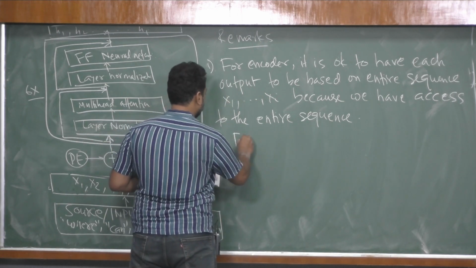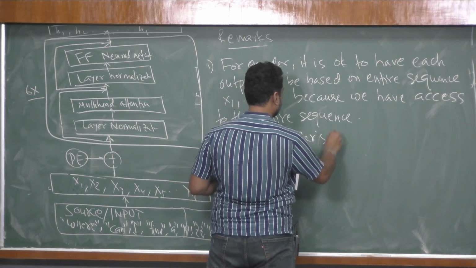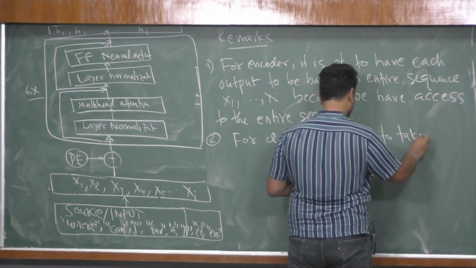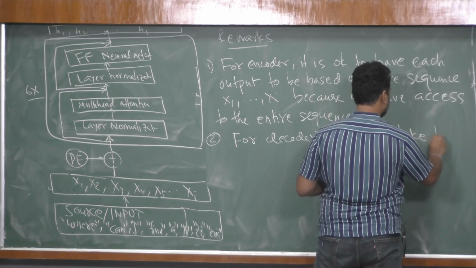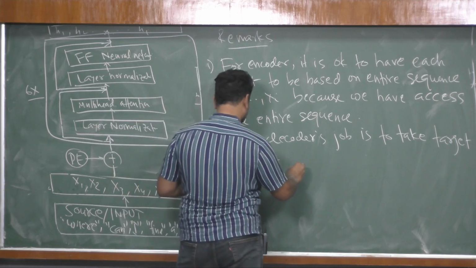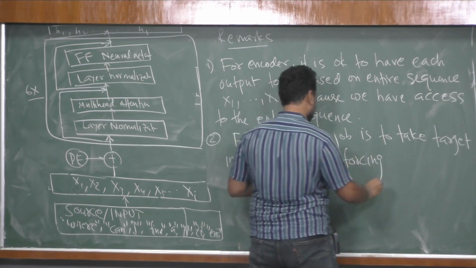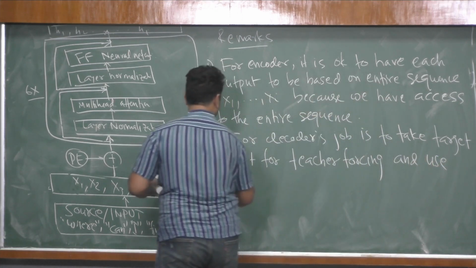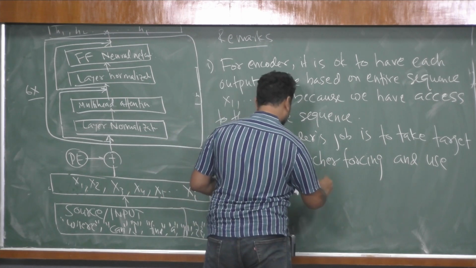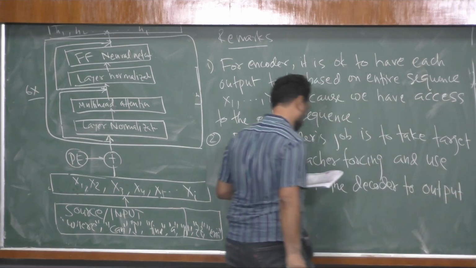For the decoder, the decoder's job is to take target input for teacher forcing, and use them to train the decoder to output the next sequence.